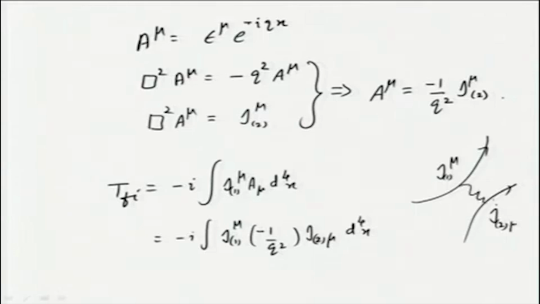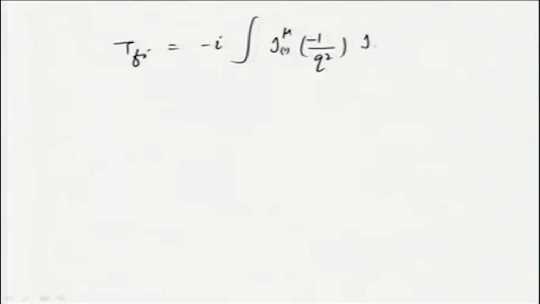Interaction is facilitated by transfer of something, say the photon, and I can actually write the same T f I as we already know by raising the index on J2 mu.